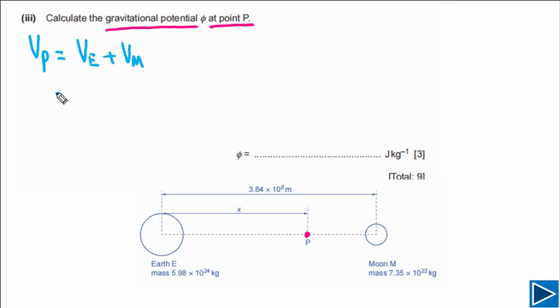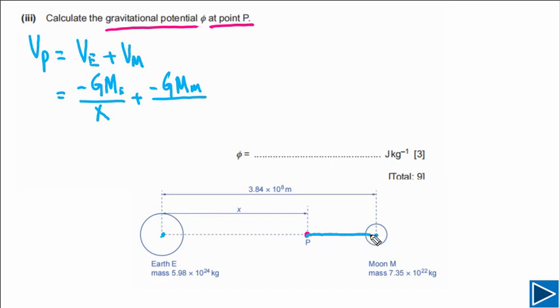Now the next thing we need to understand is how we can find the potential due to our planet at this point. That will be equal to negative G times the mass of our planet divided by the distance from the center of our planet to that point, which is x, plus the potential due to the moon at that point, which will be equal to negative capital G times the mass of the moon divided by the distance from the center of the moon to that point.